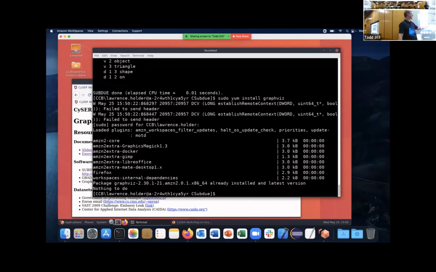Okay, so it says nothing to do because everything is already installed. But in your case, it would come back and say, should I install this stuff? If you say yes, you should get GraphViz in there.